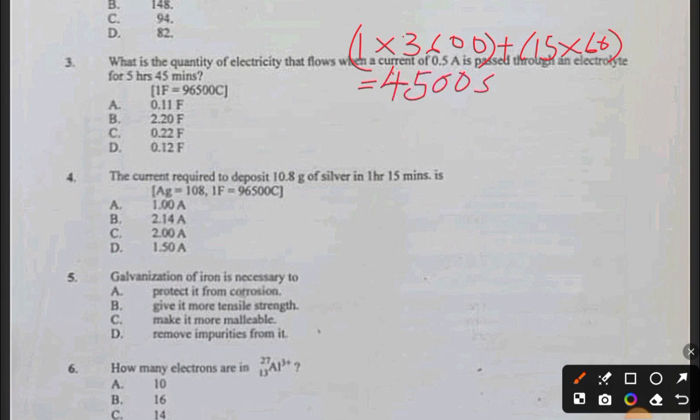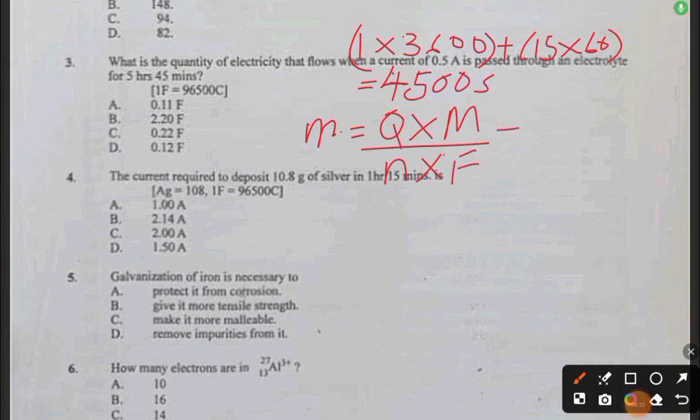Now there's this formula. M, which is the mass, equals quantity of electricity times molar mass over number of electrons per ion times the Faraday's constant. Now, to rewrite this formula, Q equals current times T times molar mass over N times Faraday's constant.